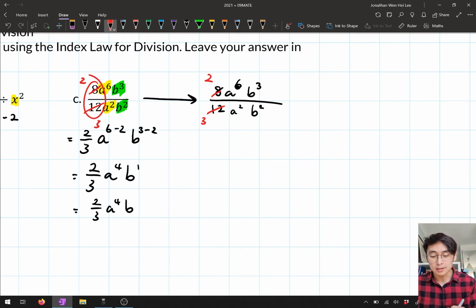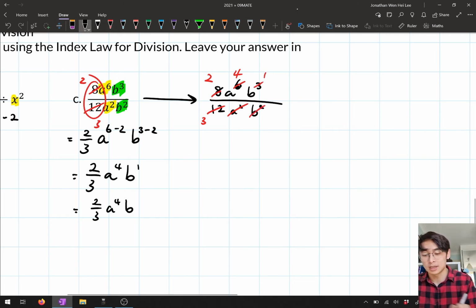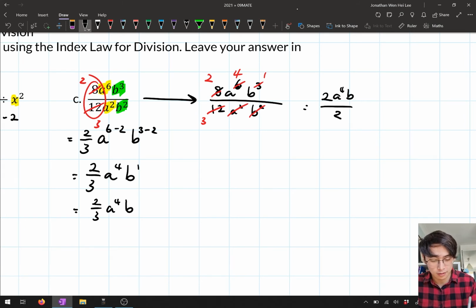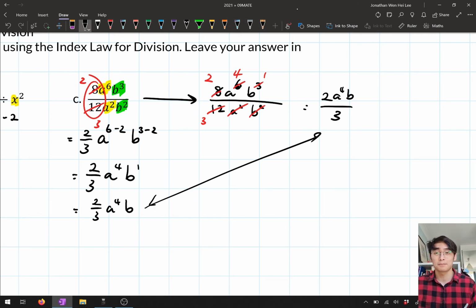Then 6 divided by 2, I can cancel this out, and I'm left with 4 in my power. And here, b to the power 3 divided by b to the power 2, I divide, and so that means I am subtracting the power. So I'm just cancelling that out, and I'm left with the power 1. And so this gives me 2a to the power 4 b over 3. And that's the exact same answer as this one here. These two are exactly the same.